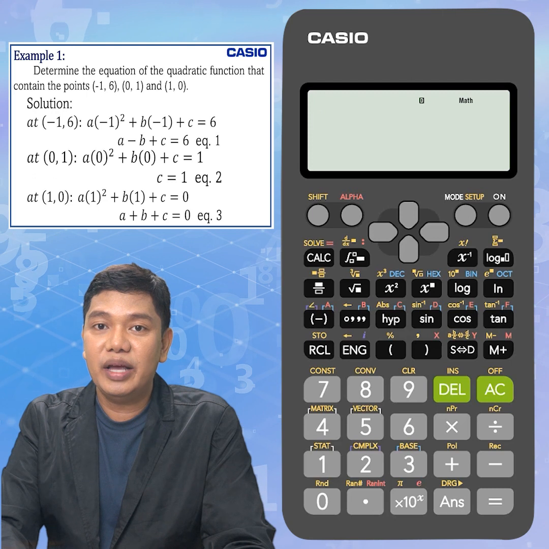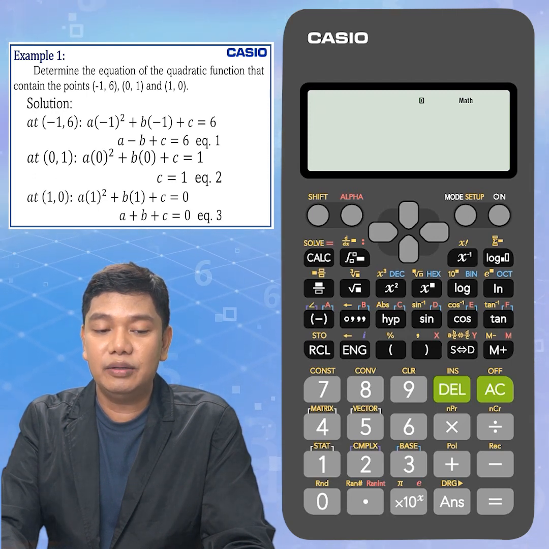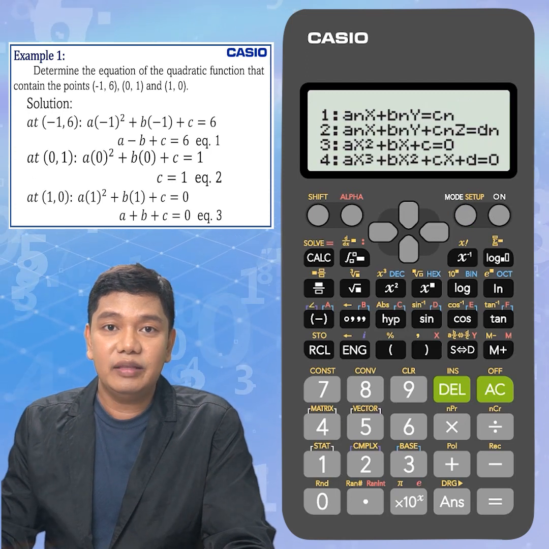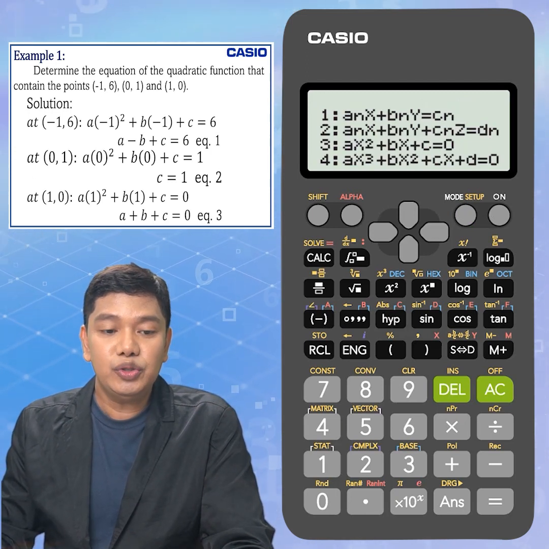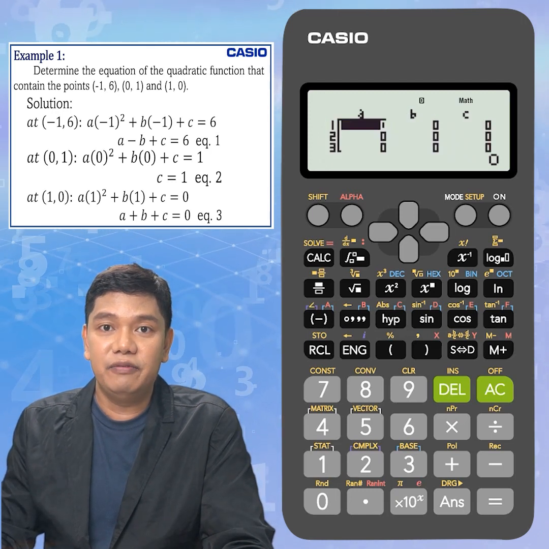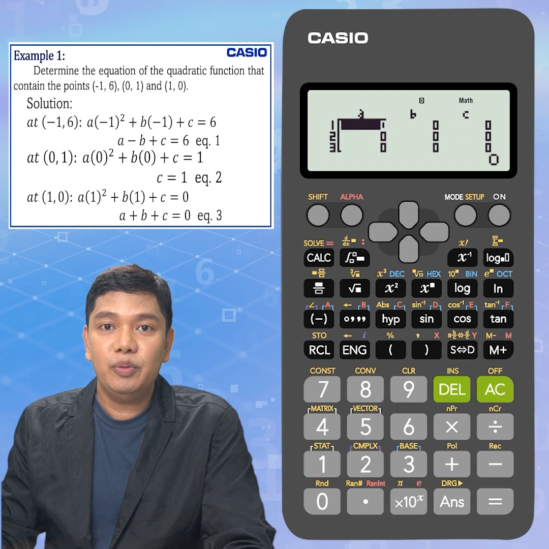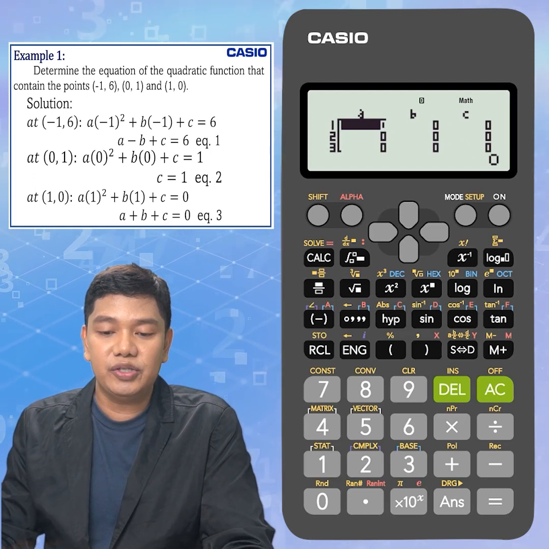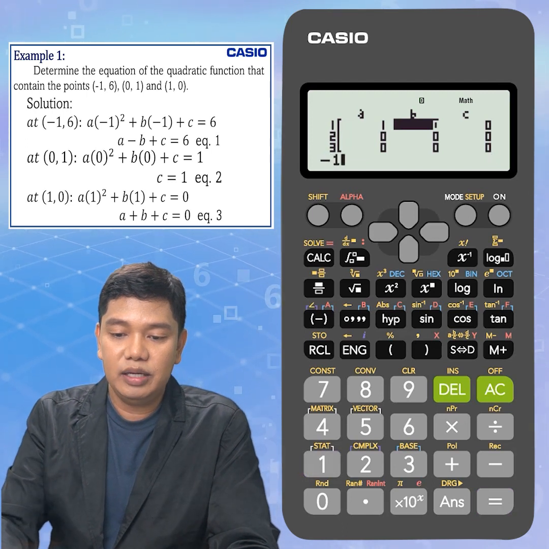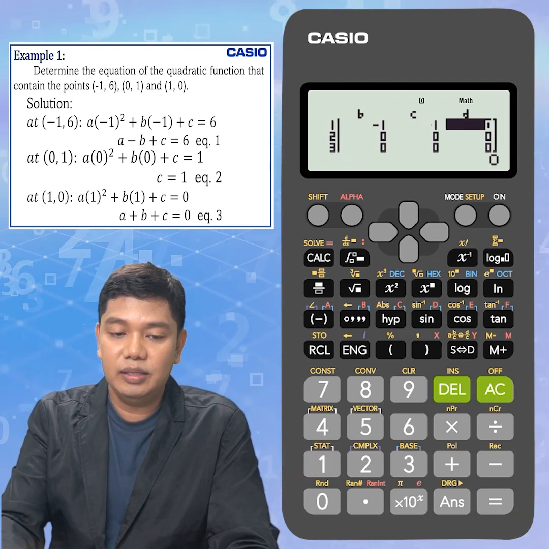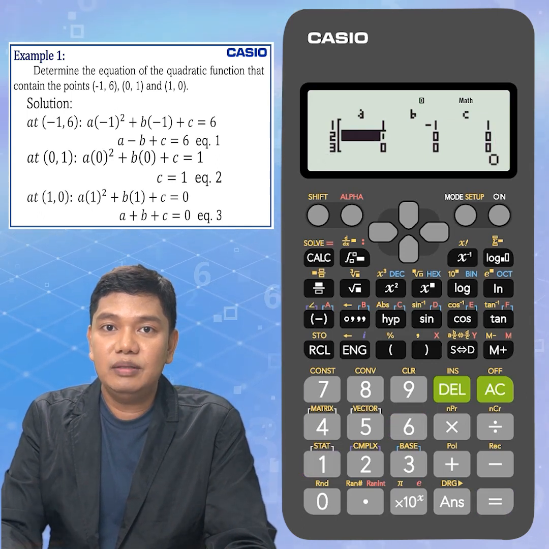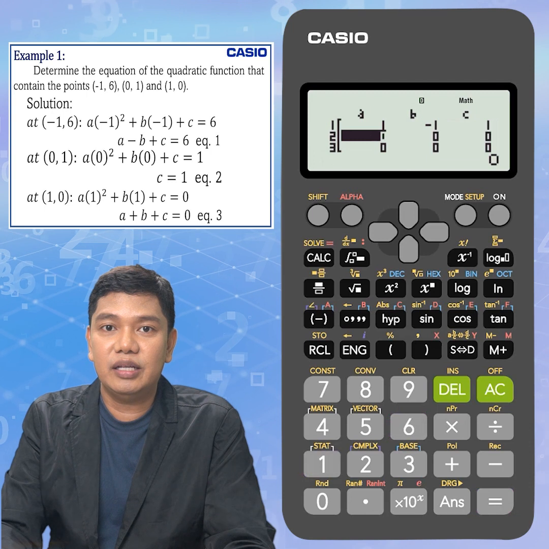Doing so, press the following buttons in our calculator. Mode 5 to activate the equation mode, and then choose 2 so that we can have the systems of equations in 3 variables. Inputting the numerical coefficients of the first equation, we have 1 equals, -1 equals, 1 equals, and then 6 equals. This time, input the numerical coefficients of the second equation.